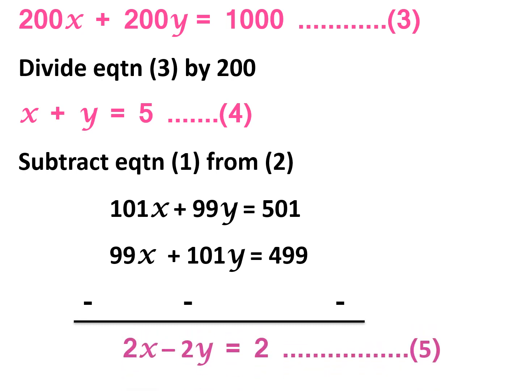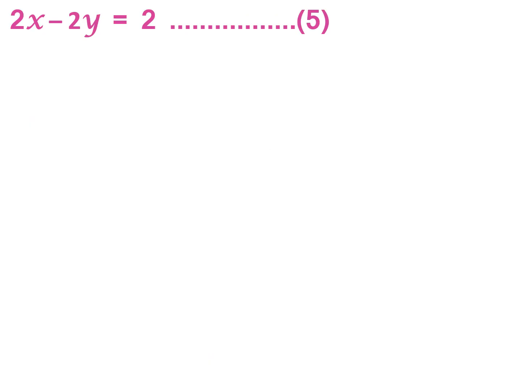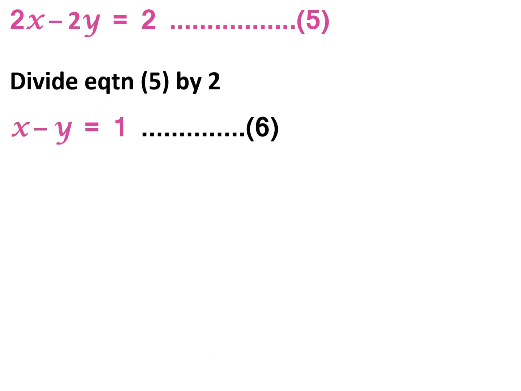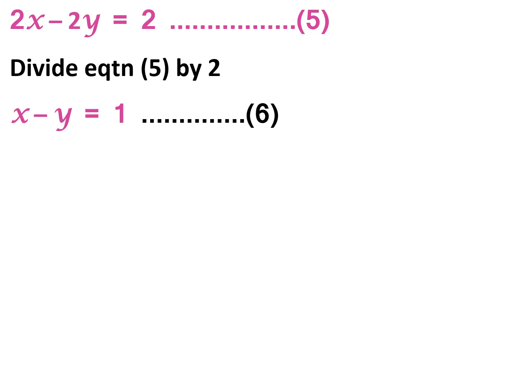The equation is 2x minus 2y is equal to 2. This is my equation 5. Dividing equation 5 by 2, I get x minus y is equal to 1. This is my equation 6.